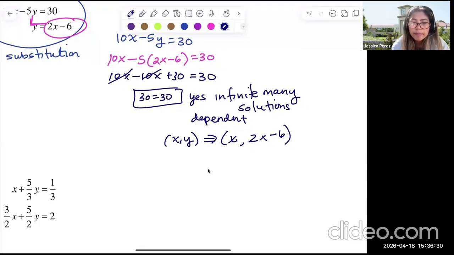So x comma 2x minus 6, where x is any real number. And this is your solution actually, since you have a dependent answer, a dependent solution, you write everything in terms of one single variable. Okay, so this is called a dependent system.